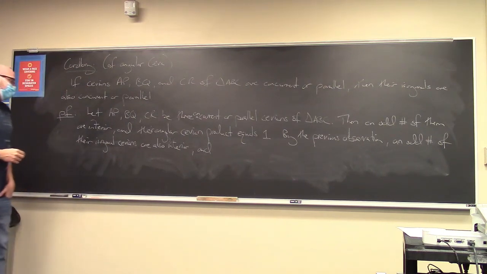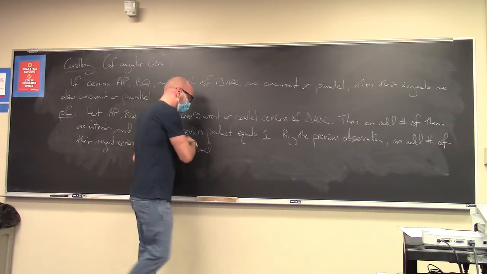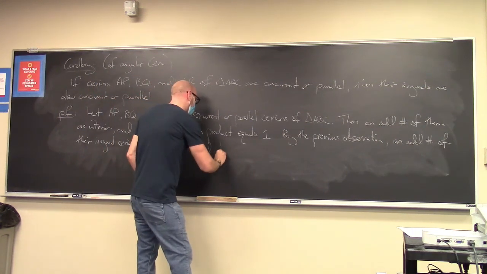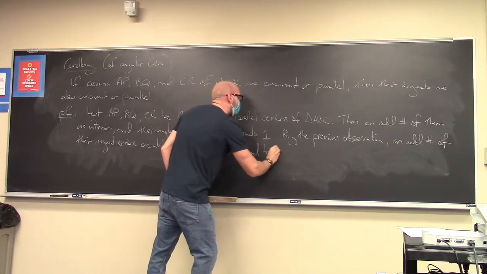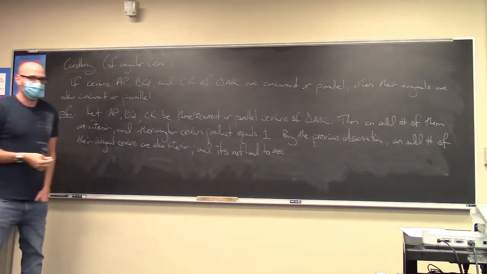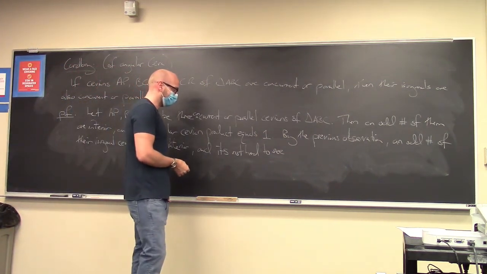And I claim the following. If you take the angular Chevian product of the isogonals, it's going to be the reciprocal of what we started with. I don't want to write down too many details here, so I'll just say it's not hard to see. We'll discuss in just a second. Very lazy proofwriting, by the way. Don't ever do this on homework, but you'll see this in textbooks and published proofs all the time.